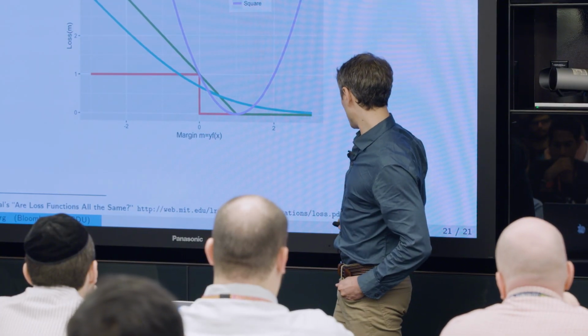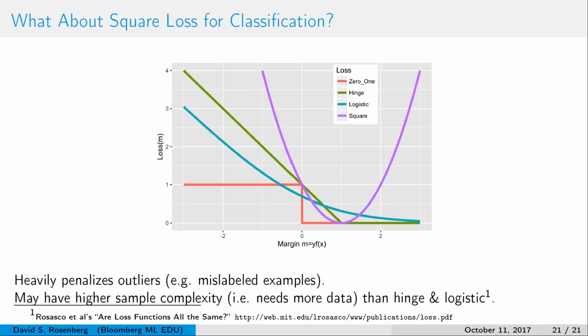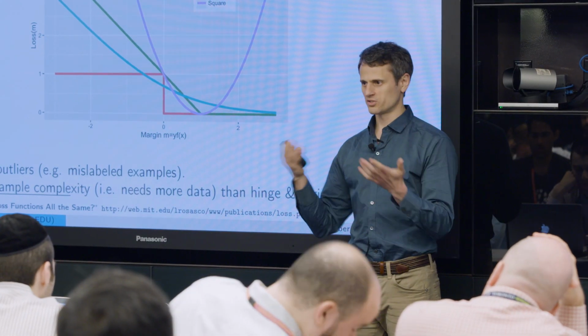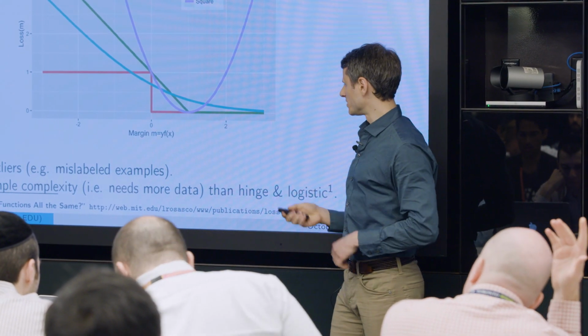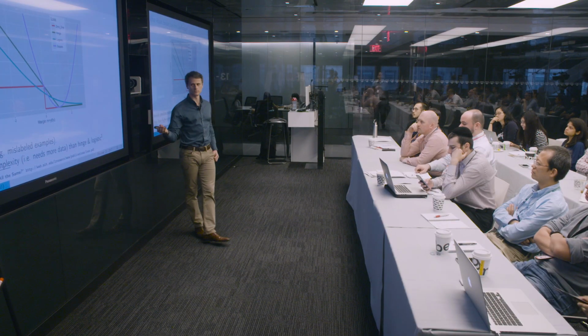If you wanted to see more, I have a link to a paper on this subject. Roughly speaking, they do conclude that it's not as good. They say it has a higher sample complexity than hinge and logistic loss. Sample complexity means how much training data you need to reach the same level of generalization performance. It's a little worse, but you can use your favorite regression algorithm to solve classification.